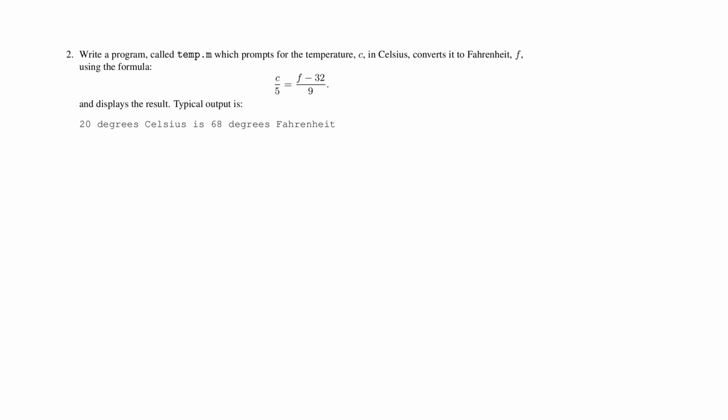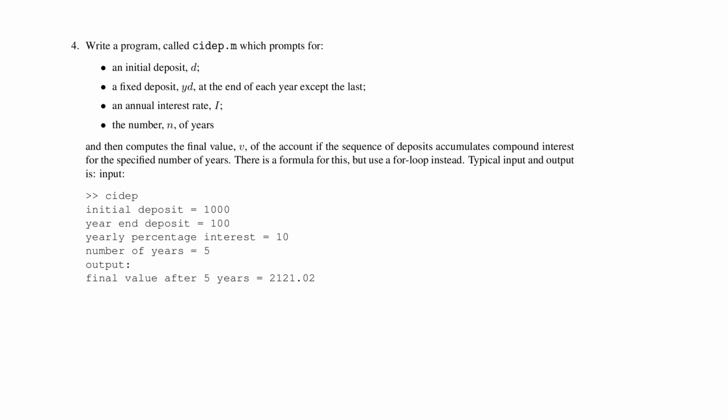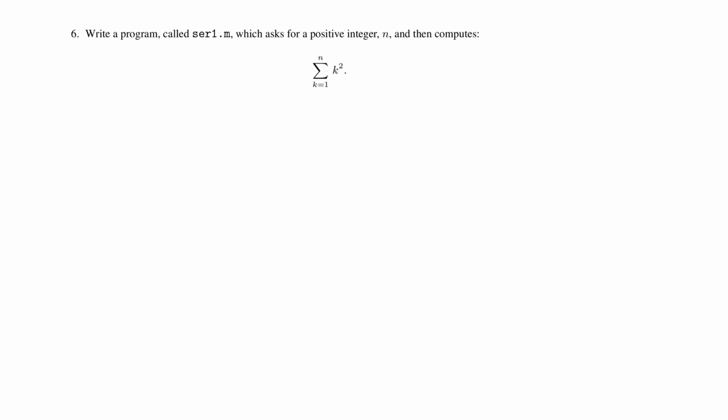Try it on your own, write the program, and then proceed to the next one. So here's a very simple little conversion between Celsius and Fahrenheit. Here's a modification of it. Here's a problem to do with compound interest, which you should try and then modify that program.